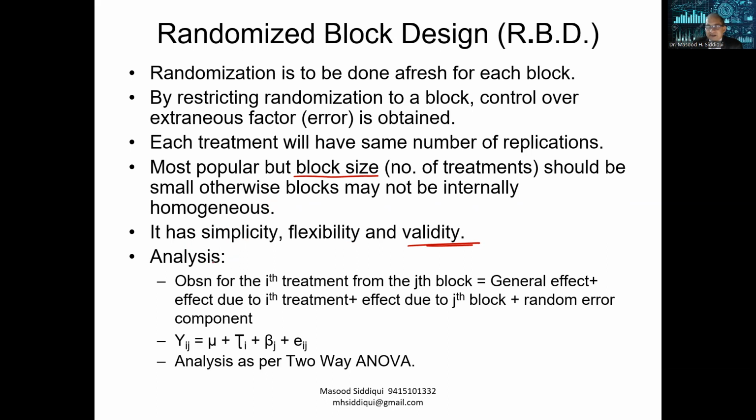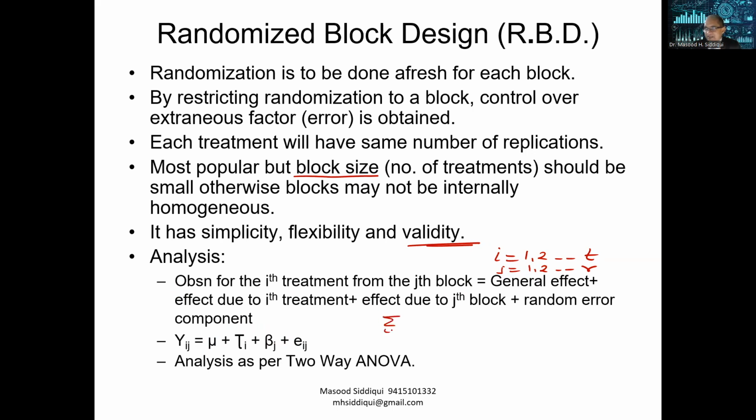Now here we are discussing the analysis, or the layout, related to the randomized block design. Here Yij is the observation of the ith treatment for the jth block. Here i is equal to 1, 2, up to T and j is equal to 1, 2, up to R. The number of treatments is T and the number of blocks is R. This is equal to the general effect, which is a constant, plus the effect due to the ith treatment, tau i, plus the effect due to the jth block, that is Bj, plus the random error component, that is Eij.